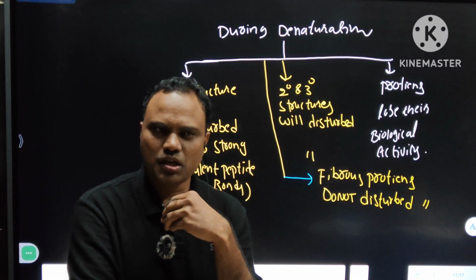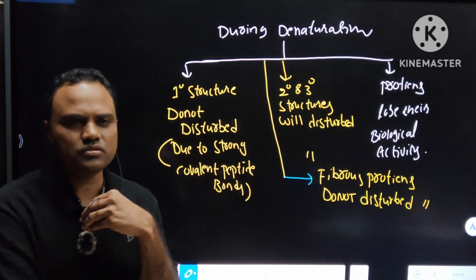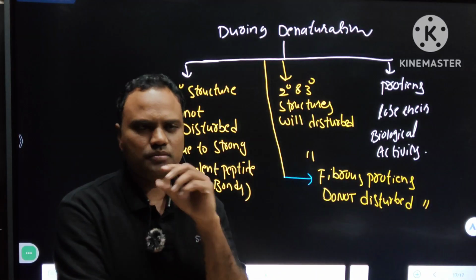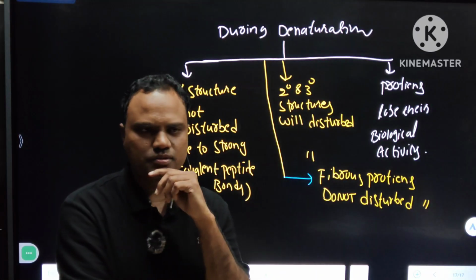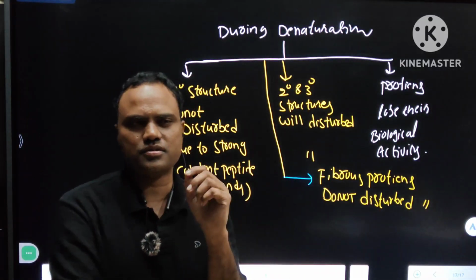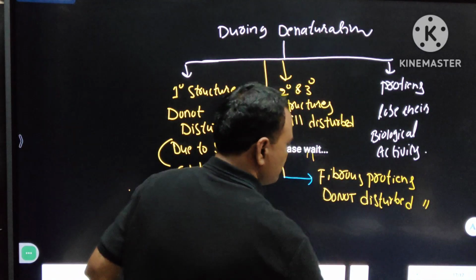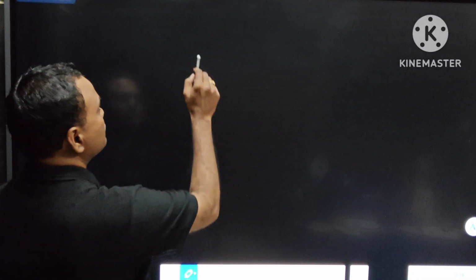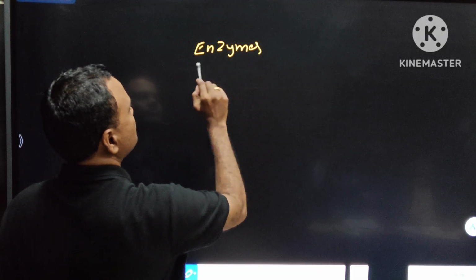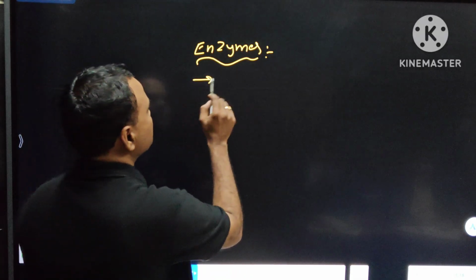That is nothing but enzymes. Enzymes are biocatalysts. In the human body or animal body, biological reactions take place. For those reactions, some substances act as a catalyst. That is nothing but enzymes. These are biocatalysts.